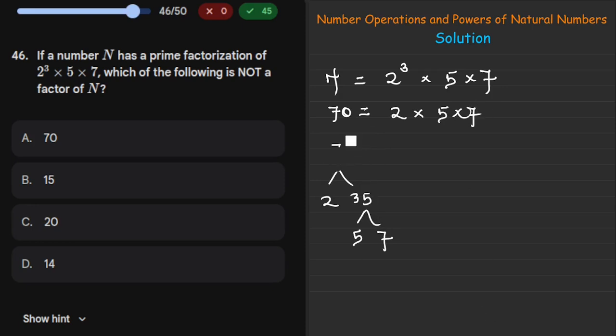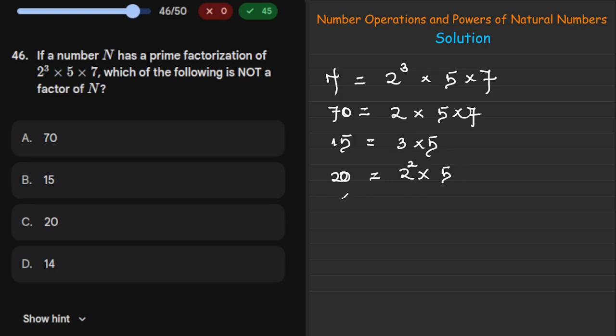And then if we take 15, 15 is simply 3 times 5. 20 is also what? You have 2 times 5 and then times 2. So 2 raised to the power 2.